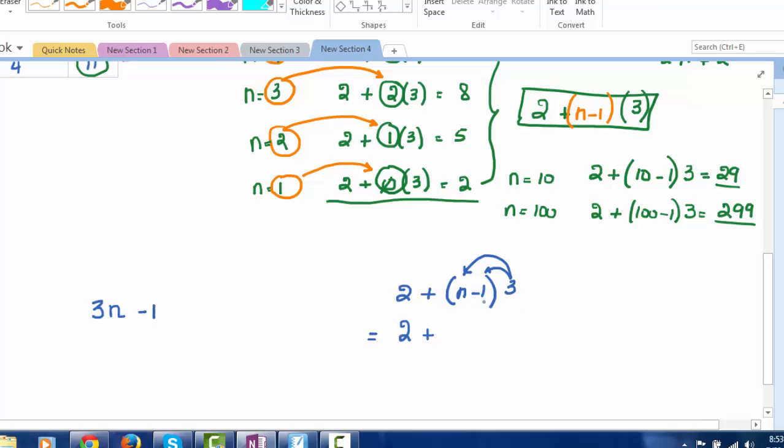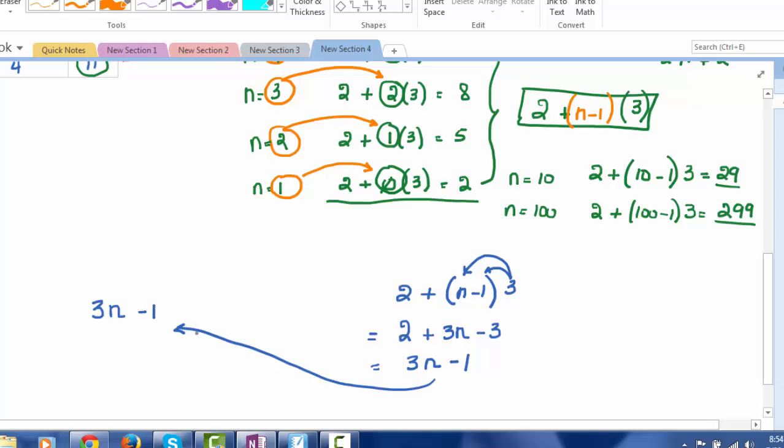So 3 and n minus 1. 3 times n, 3n. 3 times 1, negative 3, because it's negative 1. Okay, so let's finalize this. 3n stays 3n. I have negative 3 and positive 2. That means negative 1. Wow! They are the same.